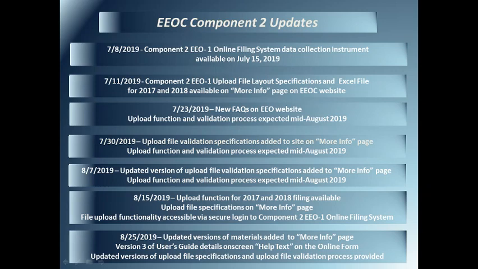Version 3 of the user guide became available and includes an appendix detailing the on-screen help text available on the online form. Updated versions of the upload file specifications and upload file validation process documents provide additional user guidance and remove 1 validation check. The specific changes are described in the version history table at the end of each document.